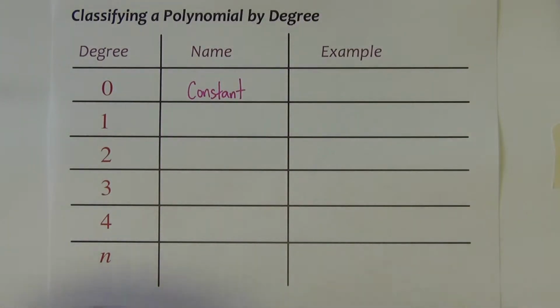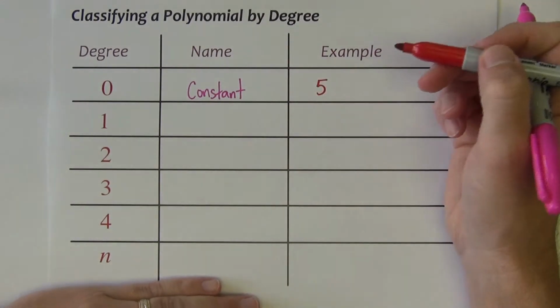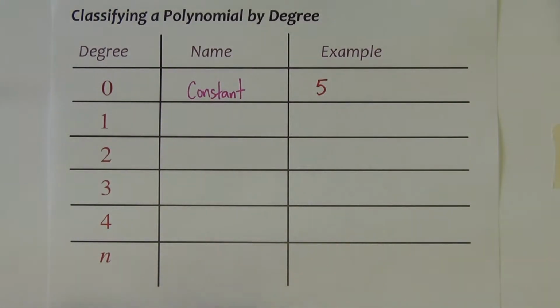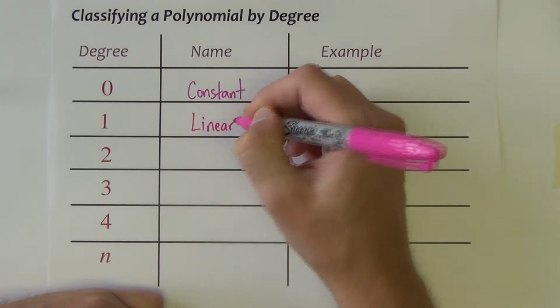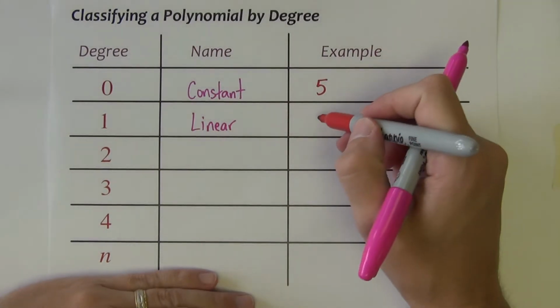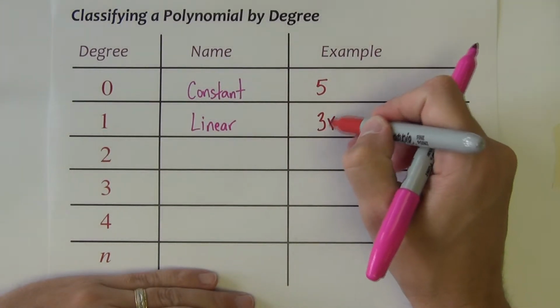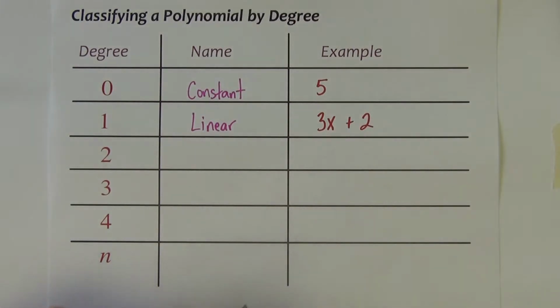That would be just like a number. First degree would be linear. A linear is first powered. So 3x plus 2, that's linear. The variable term is first powered.